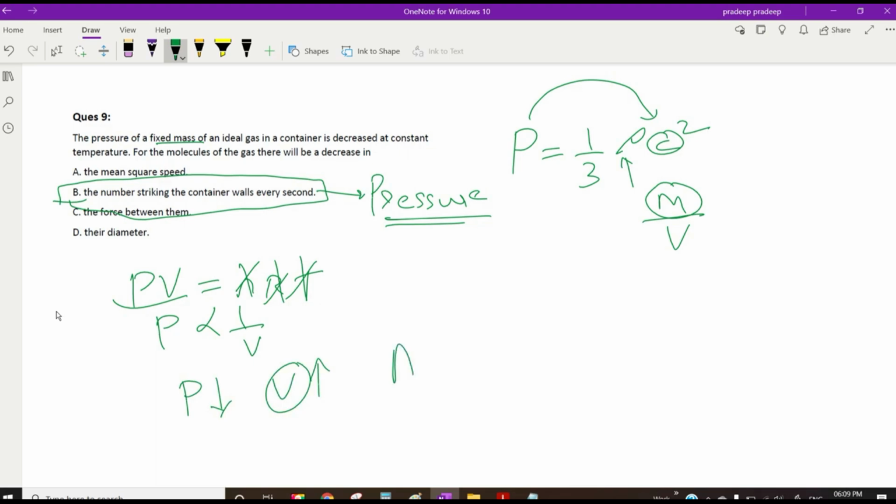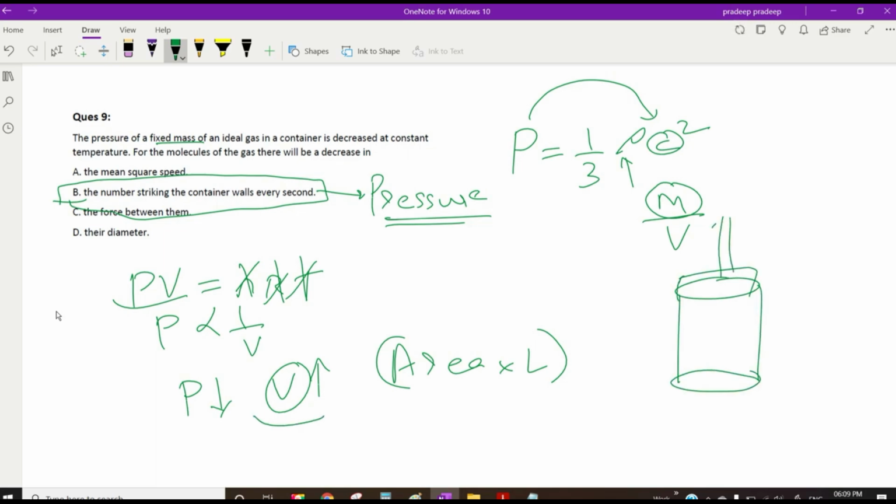Now volume is nothing but the area multiplied by the length. So if you have a cylinder fitted with a piston, an increase in the volume means the piston is going up, right? And the number of molecules inside the container still remains the same.